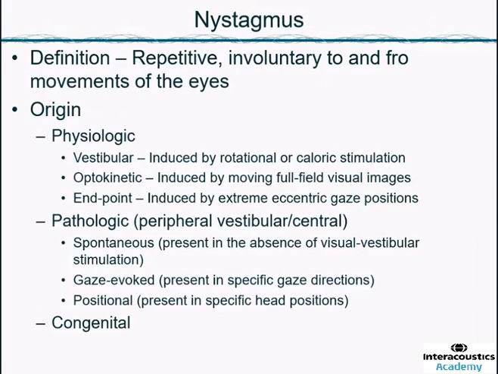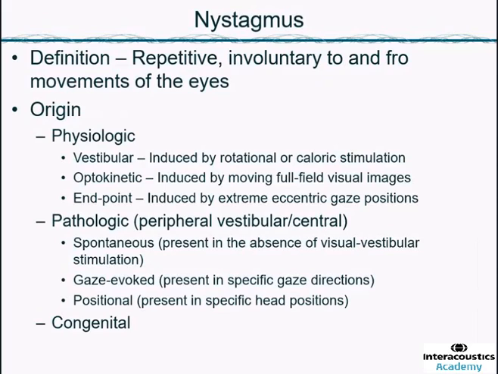We can have physiologic nystagmus. So, for example, vestibular nystagmus that's induced by caloric irrigation or by rotation. These are normal manifestations of nystagmus. Optokinetic nystagmus is another form of physiologic nystagmus.